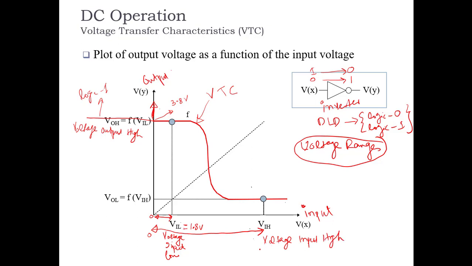So for example, this may be, let's say, 2.8 or let's say 3.2 volts.